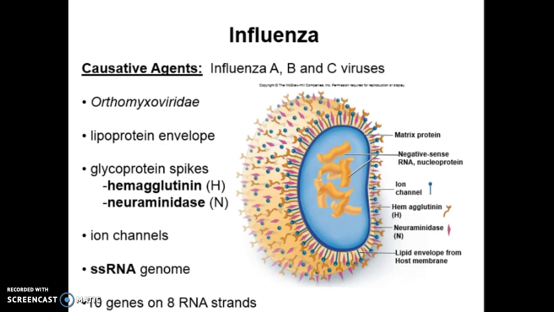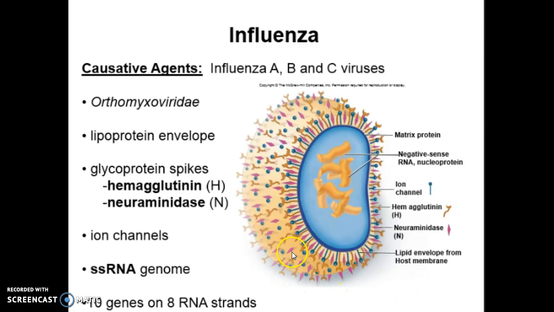And this talks about ion channels and single-stranded RNA genome. But really, besides the causative agent of Orthomyxoviridae, I want you to focus on the hemagglutinin and the neuraminidase. These are viral spikes, glycoprotein spikes, that sit on the surface of the virion.